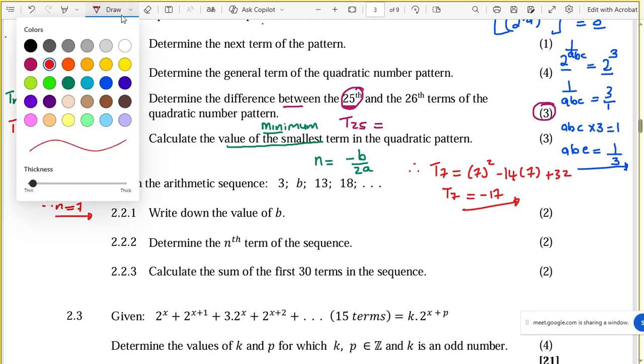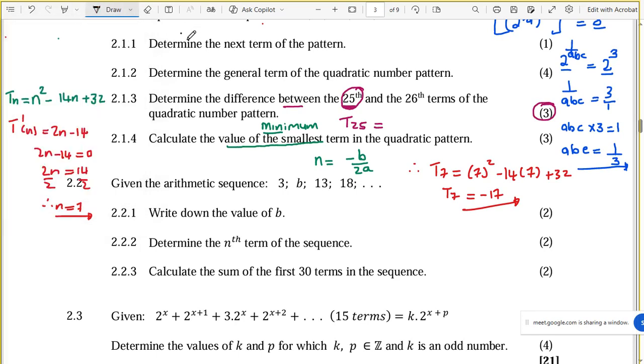So we can also use the other method. I used the calculus one: when I see the word minimum, it means that I need to derive. But for the value of the smallest term in a quadratic pattern, it's always this formula. The value of b is minus 14, so this will be minus into minus 14, divided by 2 into a, which is 1.